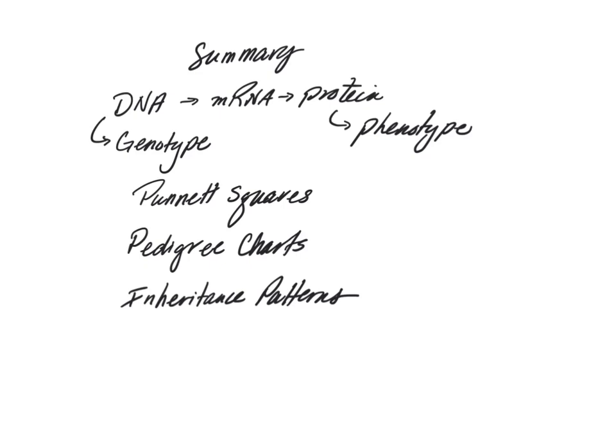So genotypes are the combinations of the genes, or the combination of the alleles. Alleles are the dominant or the recessive version of the gene, whereas the phenotype is the expression of that gene, the protein itself. We talked about how we use Punnett squares to predict outcomes from two different parents.